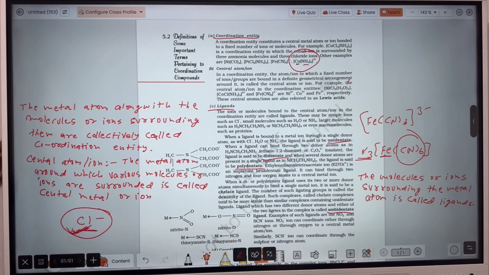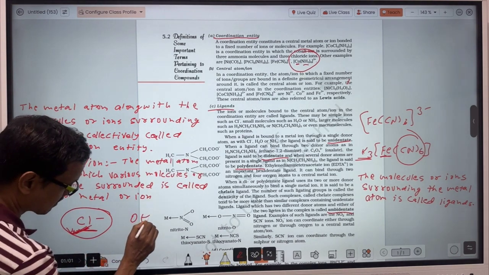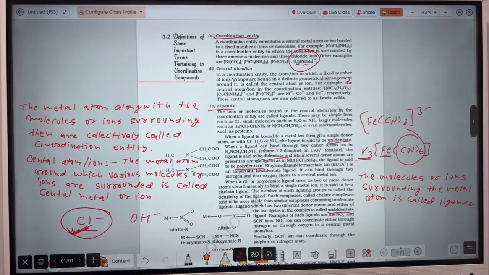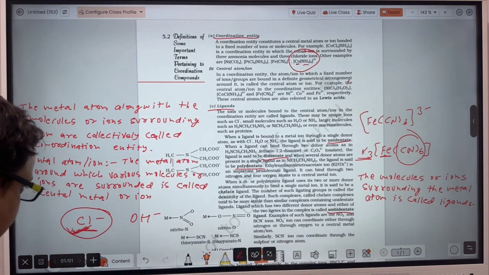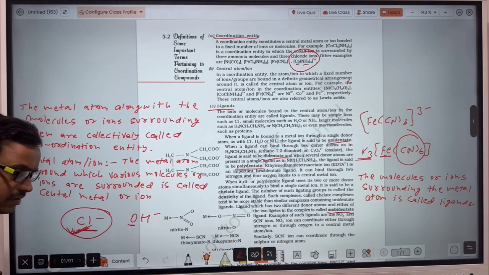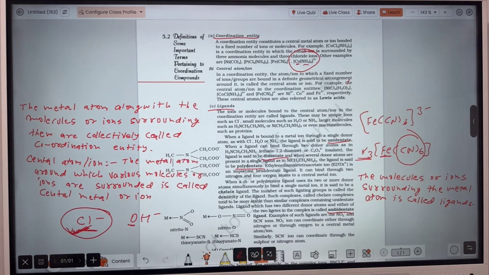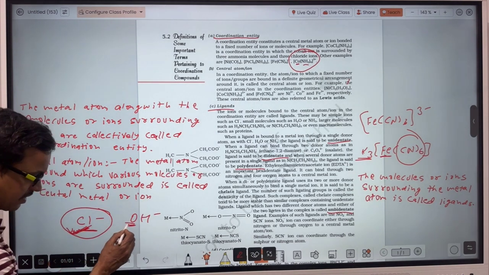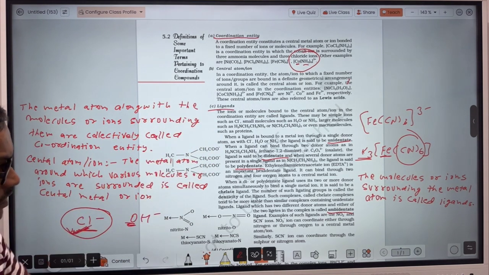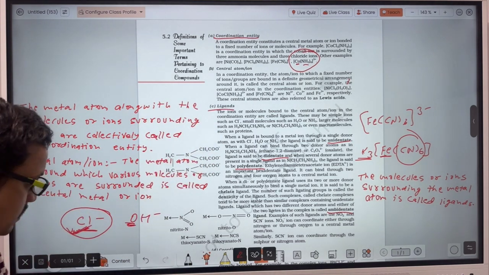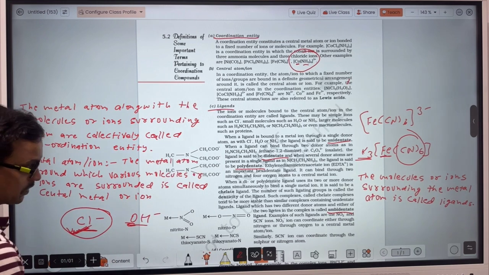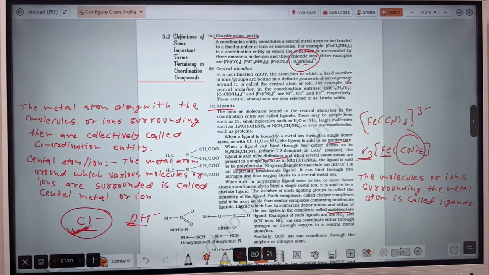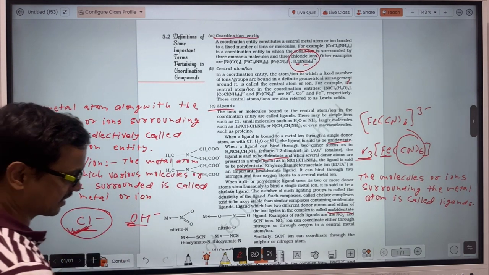That's why it is a unidentate ligand. In the same way, OH minus. In case of OH minus, the negative charge is on oxygen, the extra electron is with oxygen. So only oxygen can be bonded to the central atom. So this one is also a unidentate ligand.